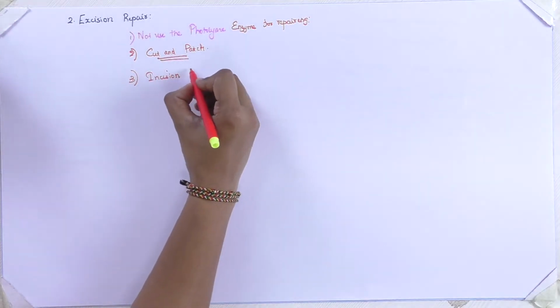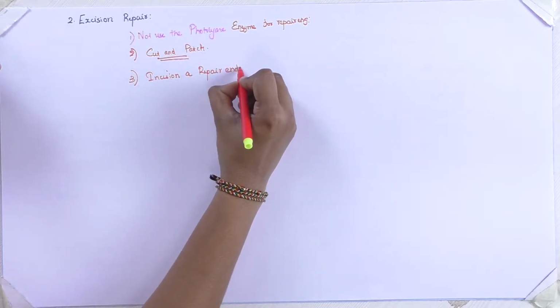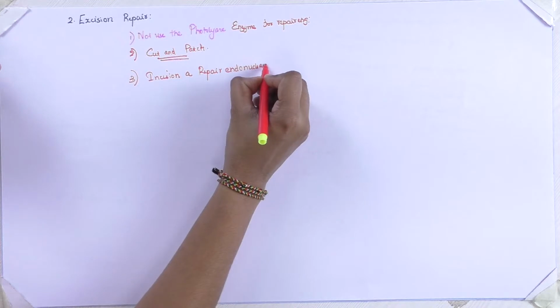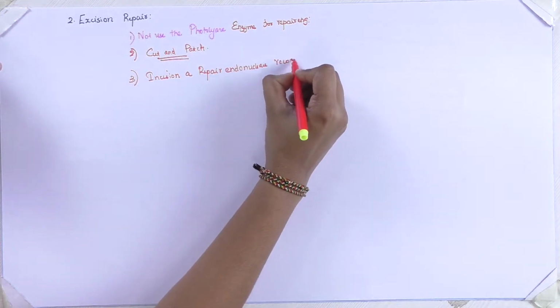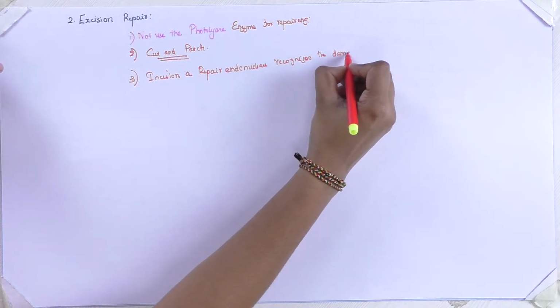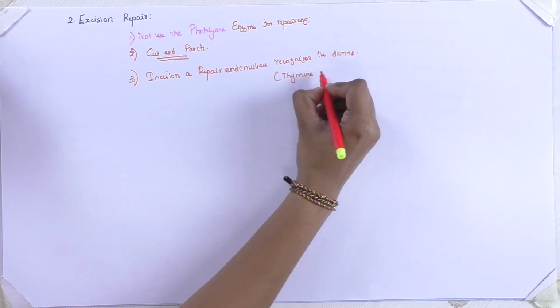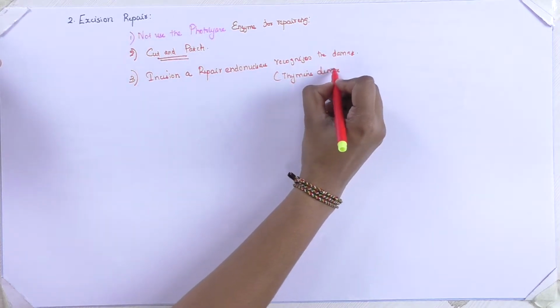That is incision, where a repair endonuclease enzyme recognizes the damage. For example, you can take a thymine dimer. 2 thymines are combined together to form a thymine dimer.